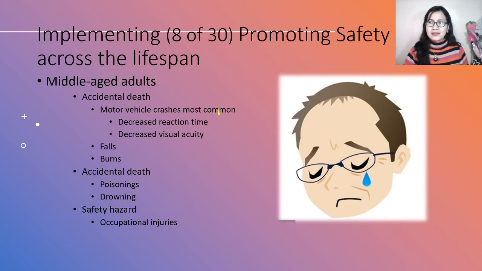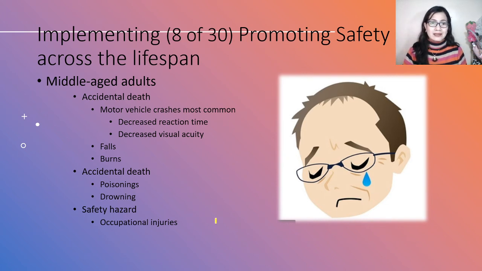How about the middle-aged adults? They are also prone to accidental death, the same as young adults. Motor vehicle crashes are common, with decreased reaction time and decreased visual acuity as well. There are also falls and burns because of the decrease in visual acuity.